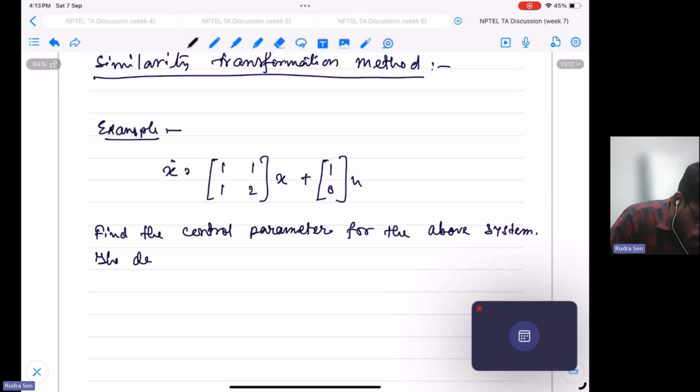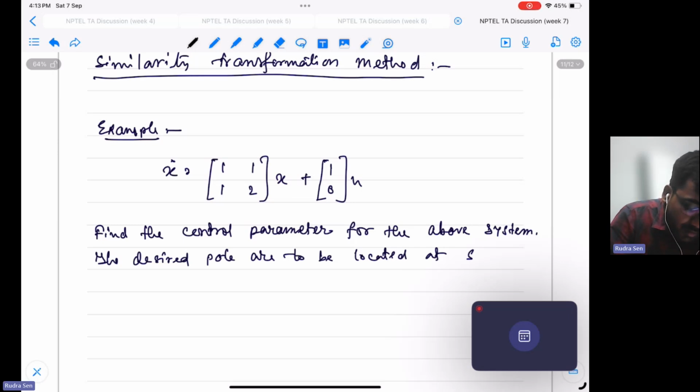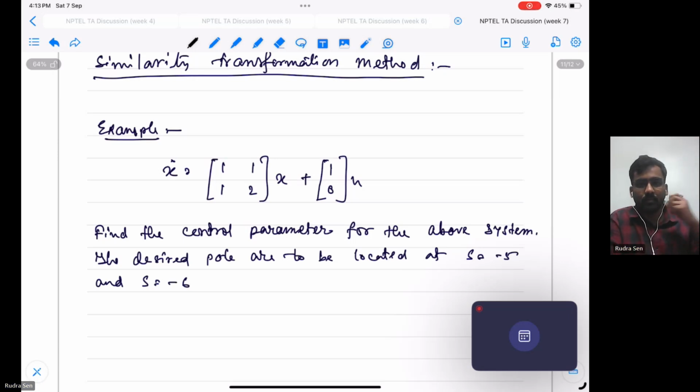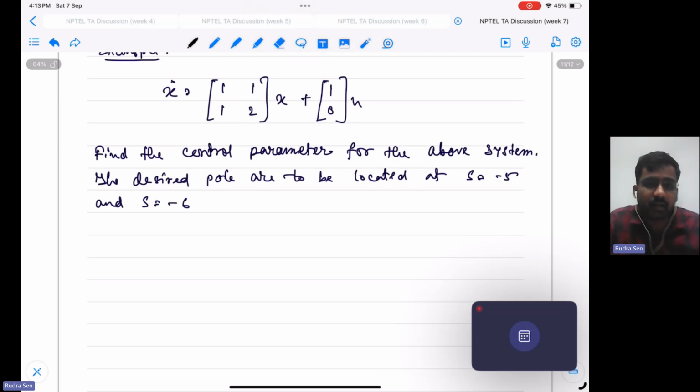The desired poles are to be located at s equals -5 and s equals -6. So this is the example that you have been given.